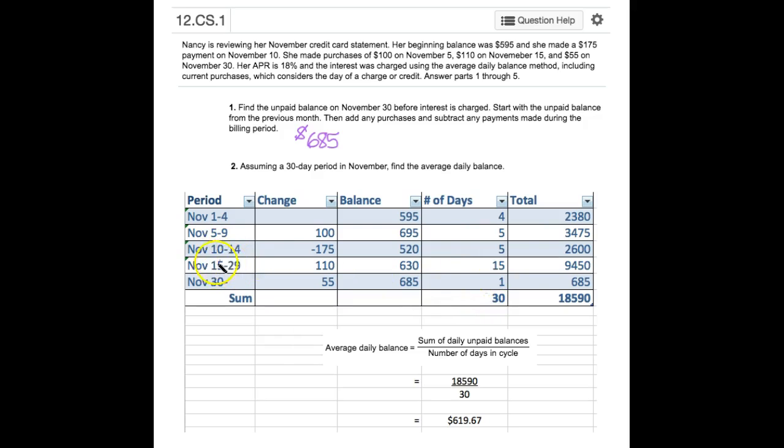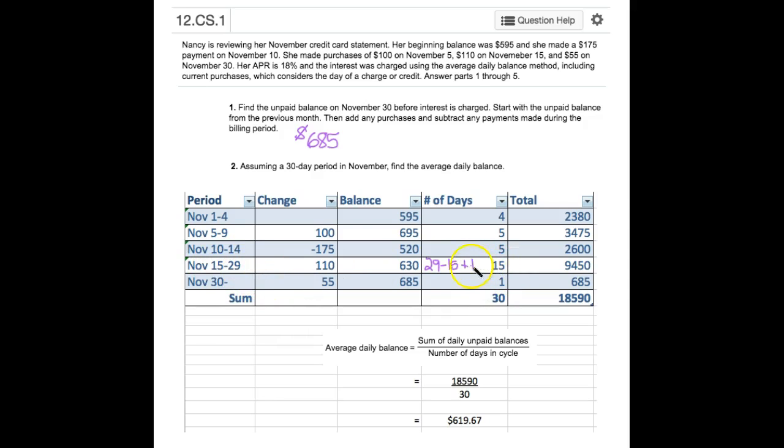And by the way, if I want to find the number of days quickly here, I can subtract 29 and 15, but if you do that, that'll only give you 14. So then you want to add 1, because when you're counting, it leaves out a day if you subtract.